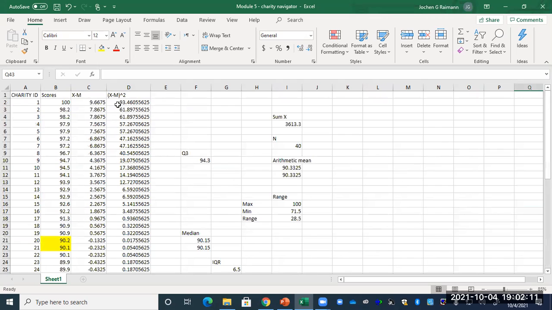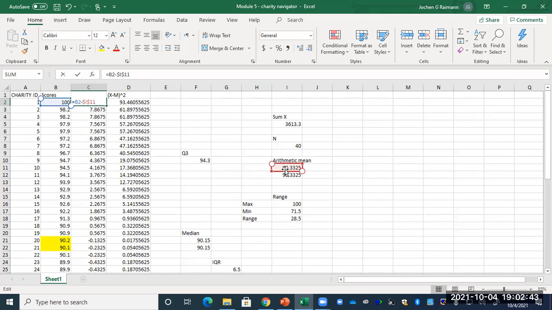Okay, x minus m is your entry, the score, B2, minus the mean. But you need to lock the mean in with the dollar sign. And then you pull it all the way down. The mean will remain the same, the individual entry will change. It should not give you the same value.